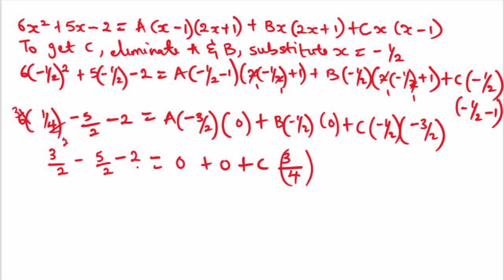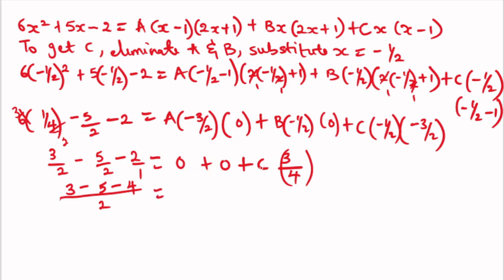Moving to the left hand side, we have to look for the LCM of the expression. So the LCM of this expression is 2. 2 divided by 2 gives us 1, 1 times 3 will have 3, minus 2 divided by 2 gives us 1, 1 times 5 gives us 5, minus 2 divided by 1 gives us 2 times 2 will have 4, equal to 0 plus 0 is gone.